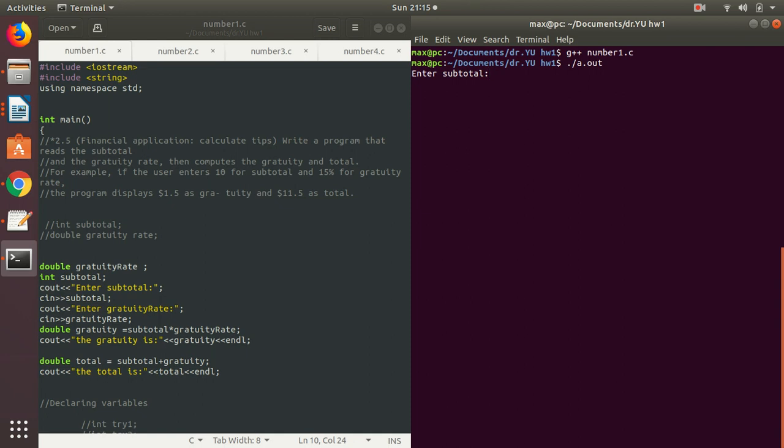So for example, in the question we have a sample of entering the subtotal of 10, then you enter the gratuity rate of 15%, which is the same as 0.15.